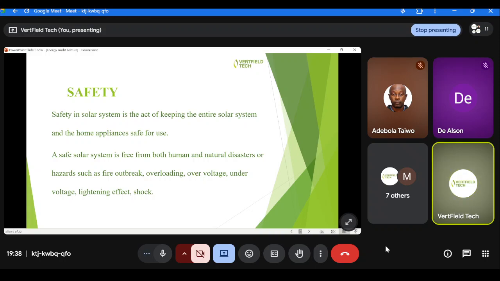Now, there have been situations whereby some client has called and said, "Oh, this system stopped working immediately the thunder struck during the heavy rain." It could be that the rain has damaged that solar system. Some other client will say this inverter tripped off when there was rainfall.